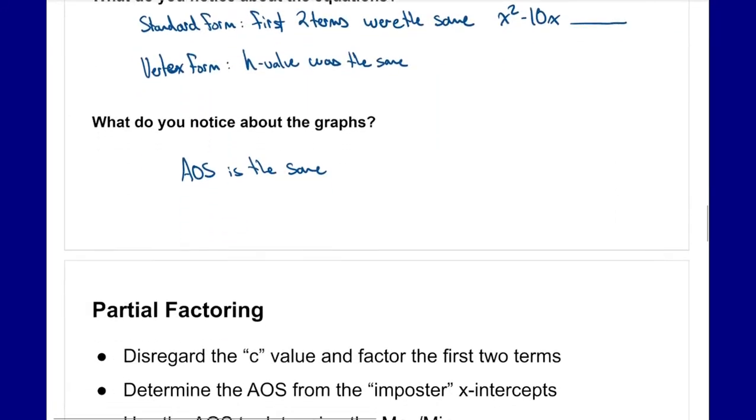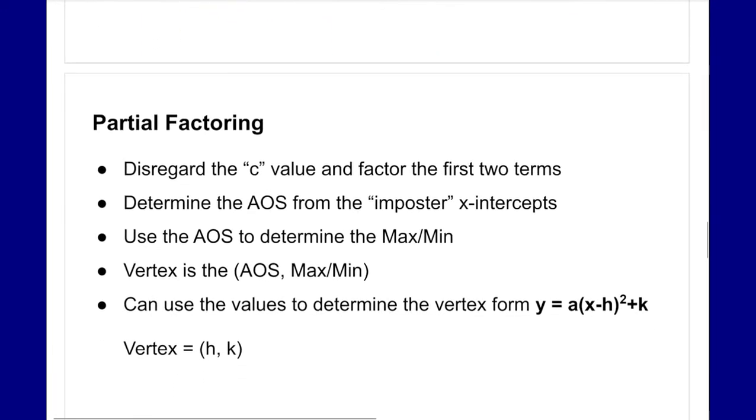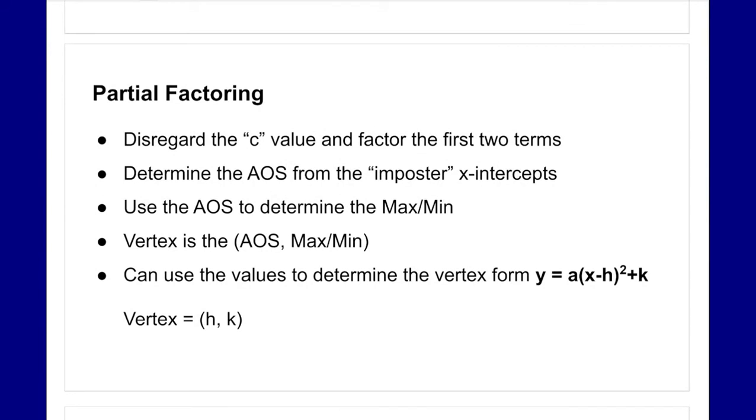So that's where partial factoring comes into play. With partial factoring, we're going to disregard the c value and just factor the first two terms. Doing that will give us two values. We're going to call these imposter x-intercepts or fake x-intercepts, whatever you want to call them. We just want to be mindful that they're not the actual x-intercepts, but for our purposes, they may appear like that.